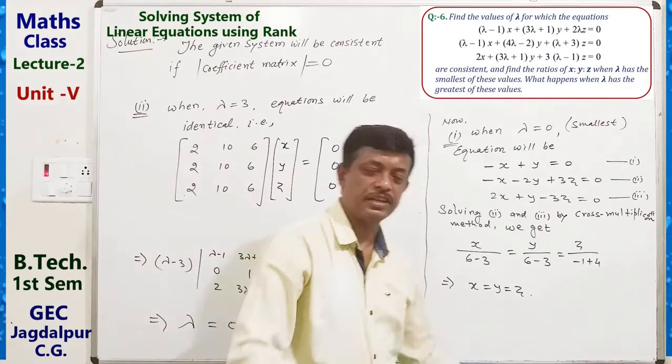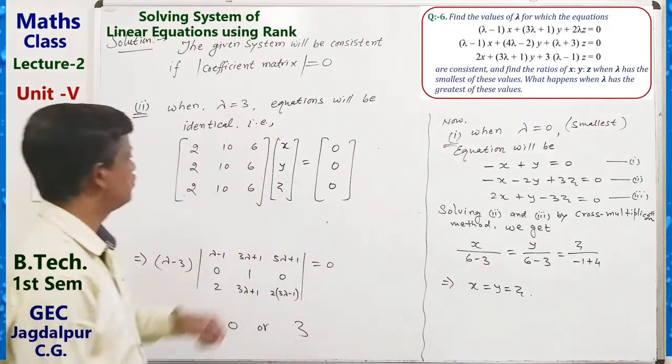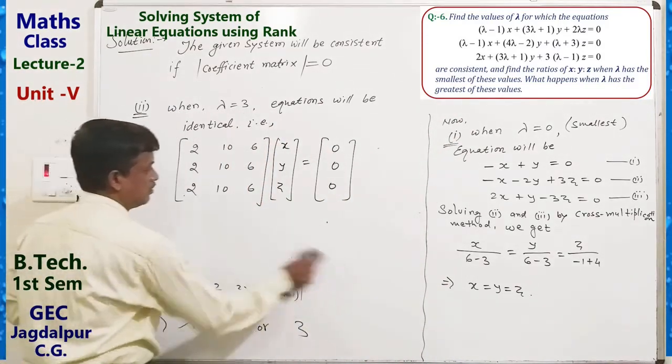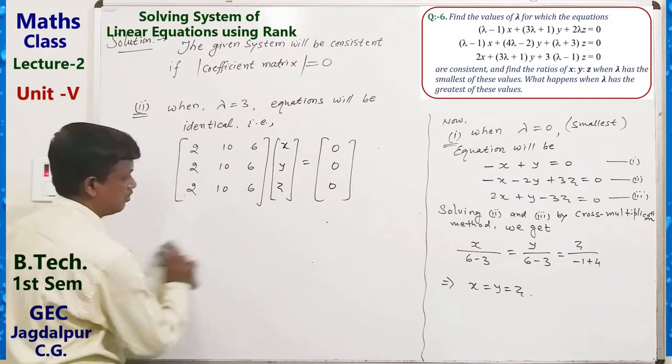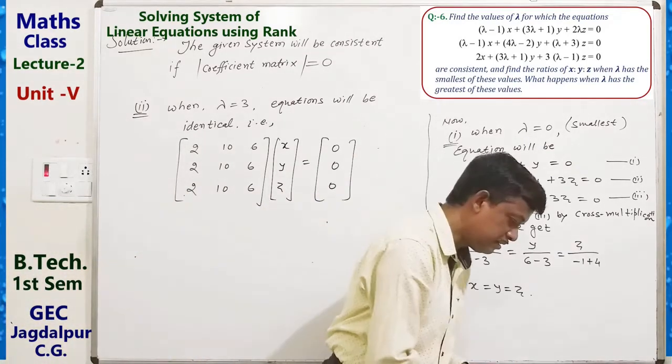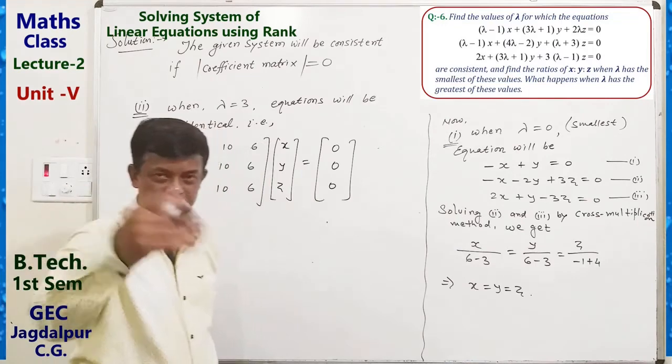When lambda equals 3, the given system will be like this. Okay, so it can be solved very simply by applying row operation.